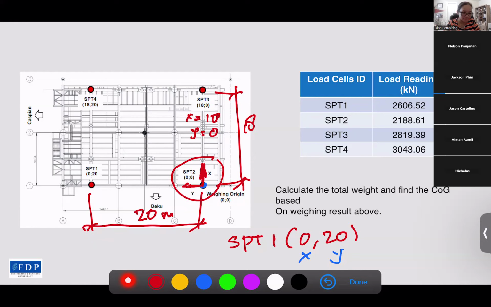Then we can continue with the COG calculation. So before that, we need to be clear where the origin is and where the x-axis and y-axis are. Otherwise, we will all be mixed up, and we get the COG not correct.